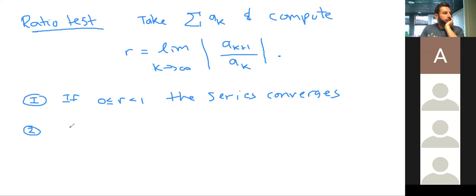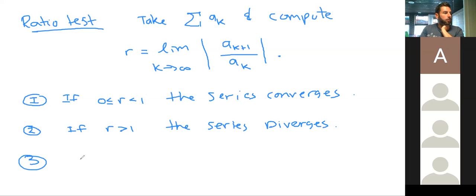The next option is that if this limit is greater than 1, the series diverges. And the last scenario is that if the limit is actually equal to 1, the test is inconclusive. We can't use it. You need another test.